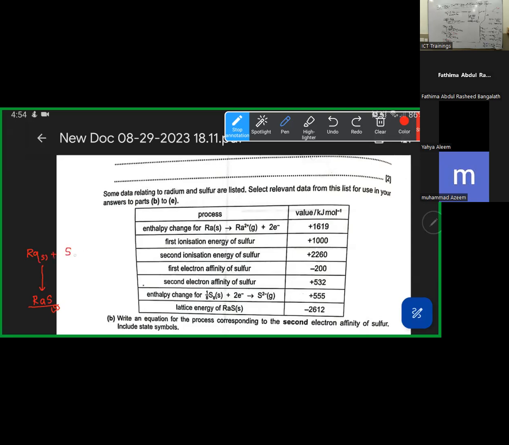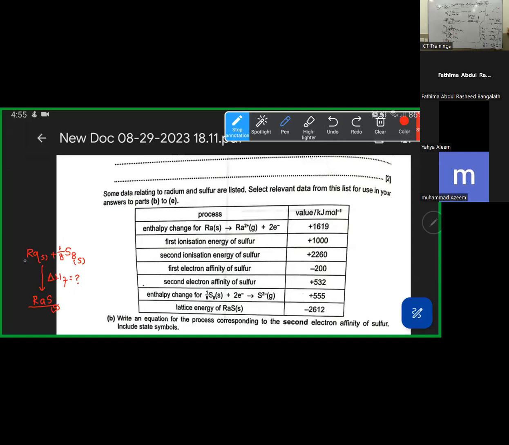Sulfur exists in S8 form, but here we have only one sulfur. So what should we do? We should write 1/8 S8, in solid form as well. So this is the formation, which we have to calculate. Is it clear up till here?